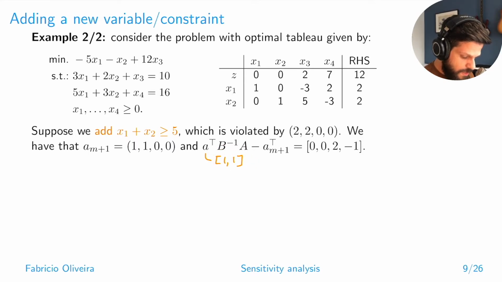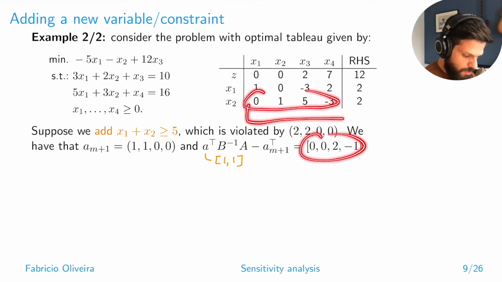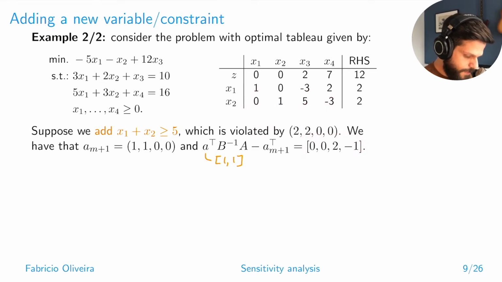And this is originally a 4 by 1 vector, which I make 1 by 4. Then I get a 1 by 4 vector that looks like that. You can redo your calculations, but this is just selecting the basic elements from this thing, which is this. So that would be the row in our tableau that is going to pop up here, right?